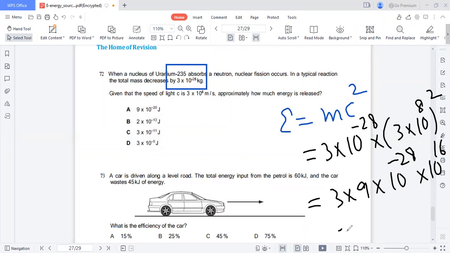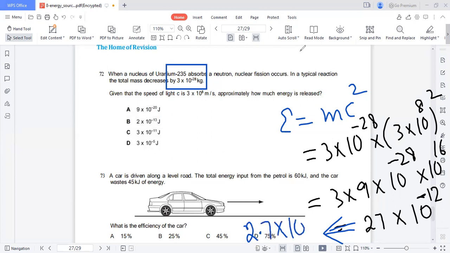So it would become 27 times 10 to the power minus 12, and it would become 2.7 times 10 to the power minus 11.